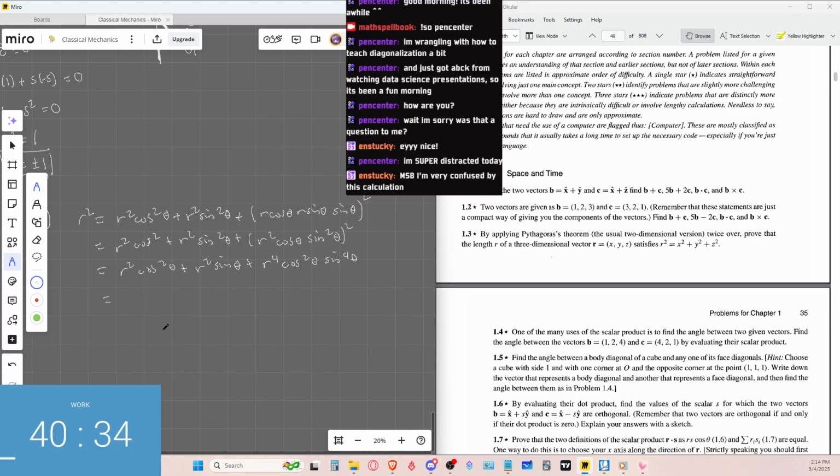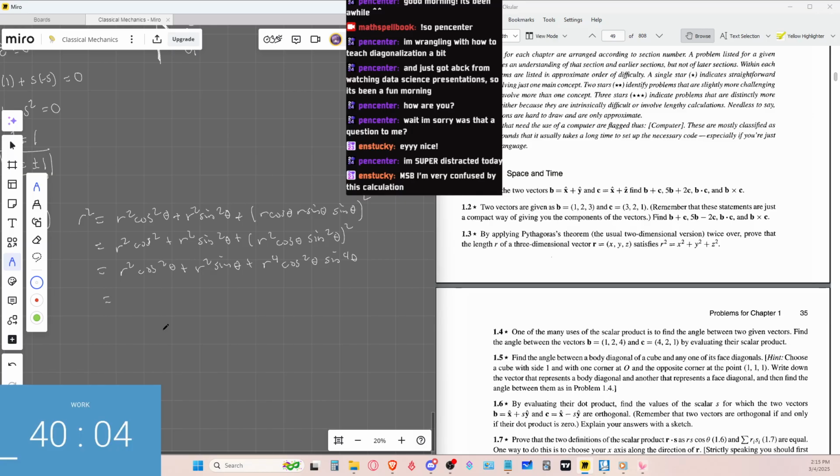It says, prove that the length R of the three-dimensional vector R satisfies, I'm guessing, R squared equals X squared plus Y squared plus Z squared. So I'm guessing they say prove the distance formula for this. Like, why does that satisfy the distance formula?